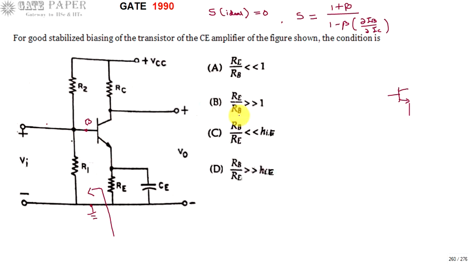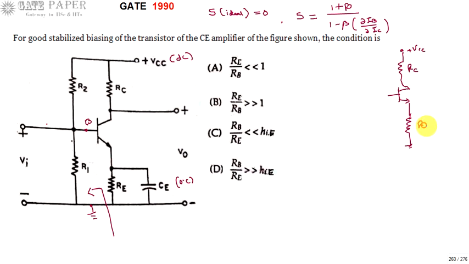The remaining portion has RC connected with VCC, and RE, and the capacitor acts as an open circuit since it is connected with only DC voltage. For DC, a capacitor acts as an open circuit, so we are not drawing the capacitor here.